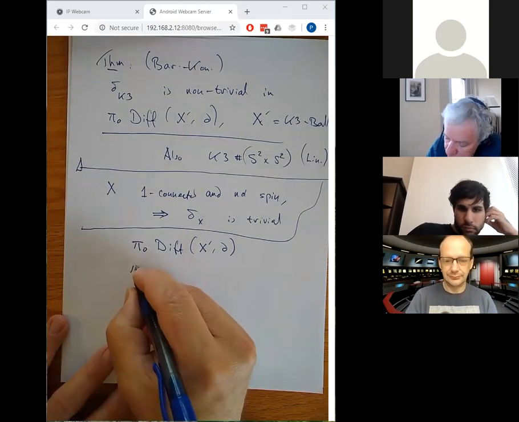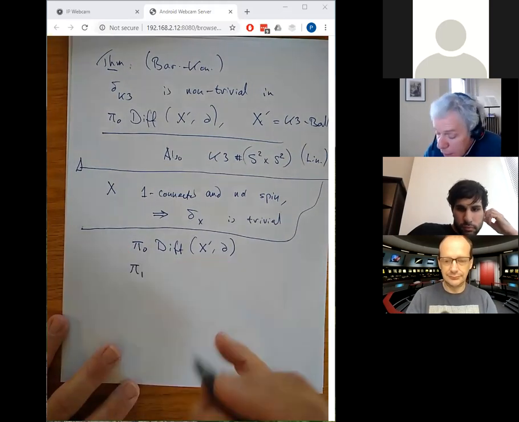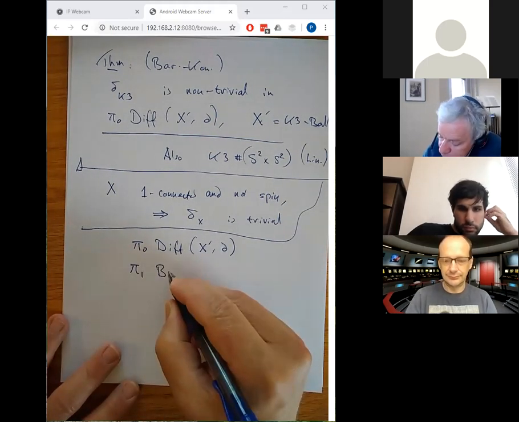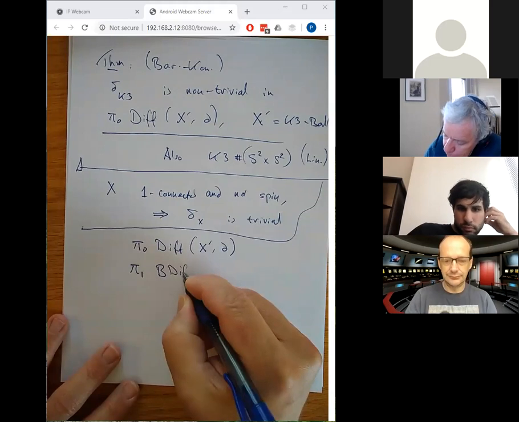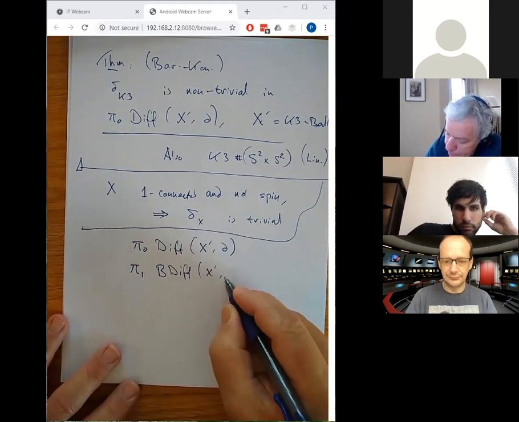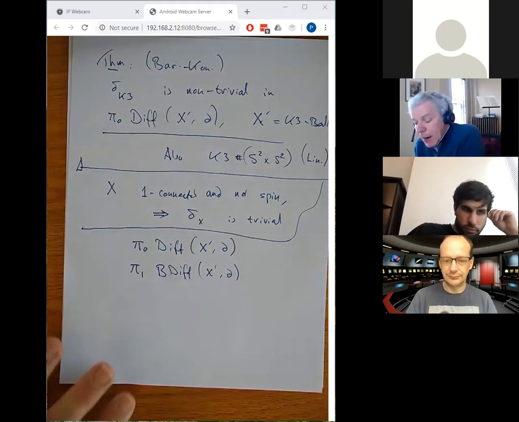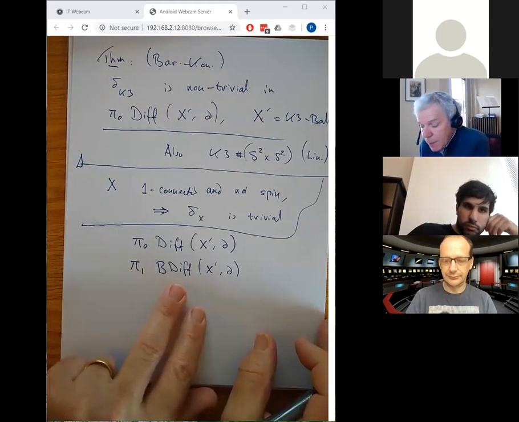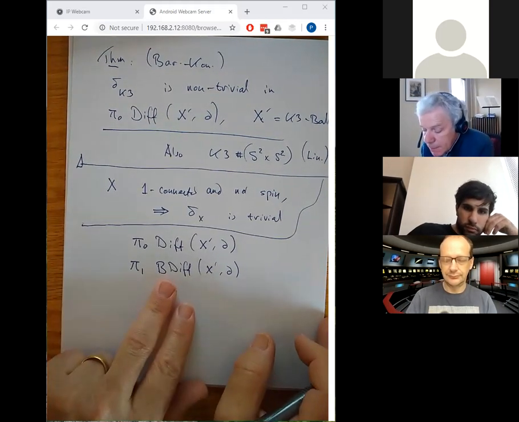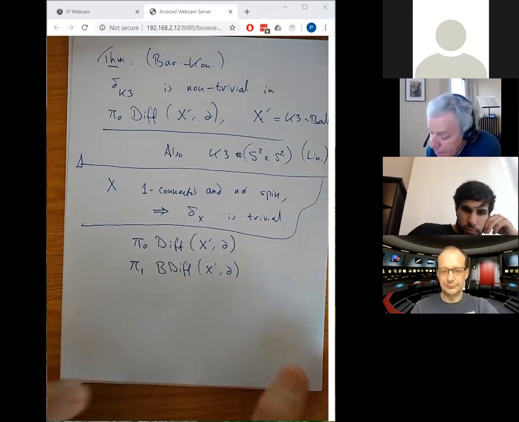Another way to say this same group is pi1 of the classifying space, pi1 of B Diff of X prime. So pi1 of the classifying space classifies bundles over the circle.